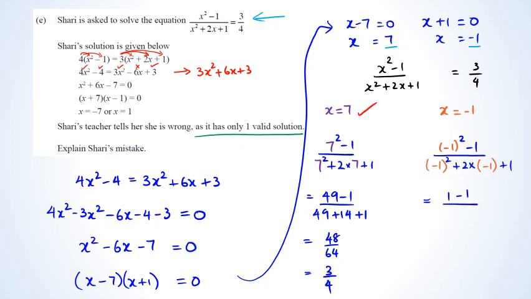At the bottom, negative 1 squared is 1, plus 2 times negative 1 is negative 2, plus 1. What I have is 0 over 0, and this is not possible because you can't have a solution when dividing by 0. So this doesn't work. My only solution in this case is when x is equal to 7.